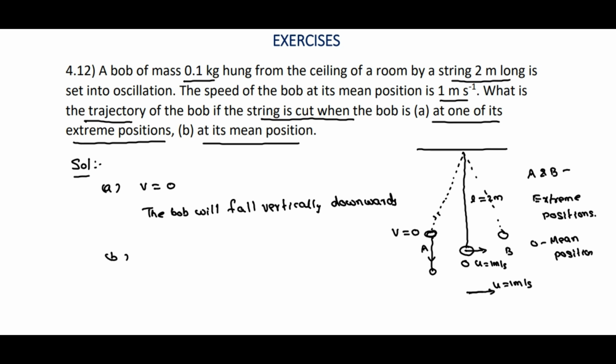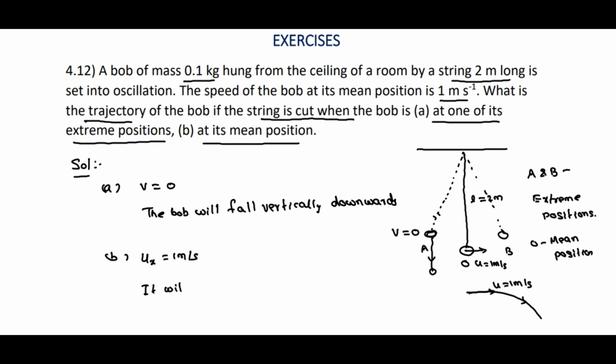After that, because of the gravitational force, it will change its path like this and travel in a parabolic path. So at the mean position, the bob has horizontal velocity, suppose ux is equal to 1 meter per second.